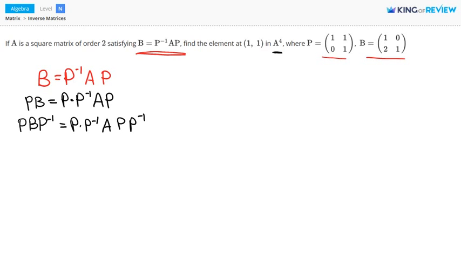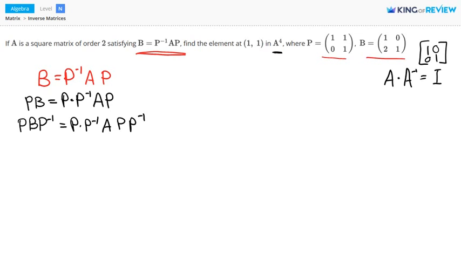So I want you to remember that if we have matrix A, and we multiply it by A inverse, you're going to end up with an identity matrix. And if you remember, an identity matrix has 1s in the main diagonal and 0s elsewhere.